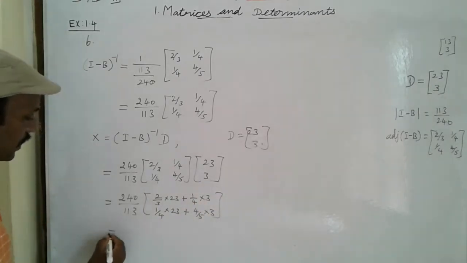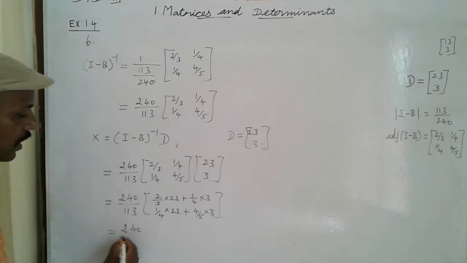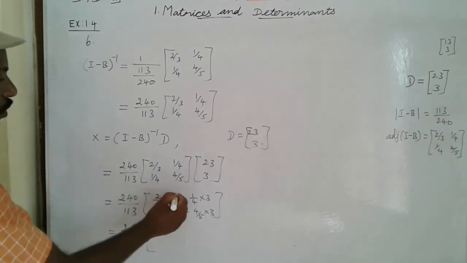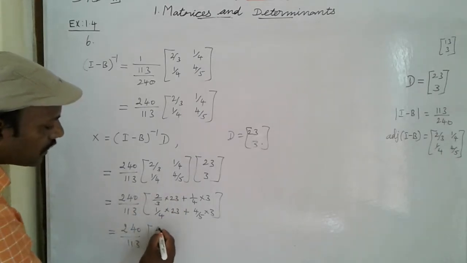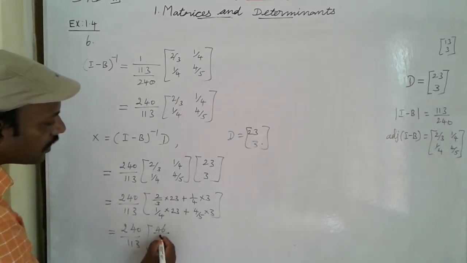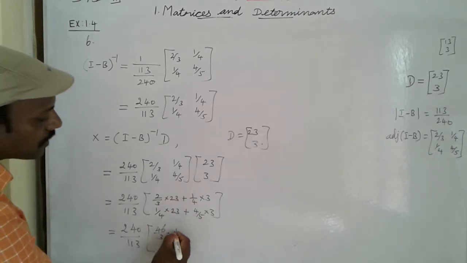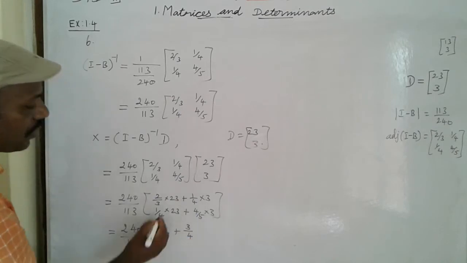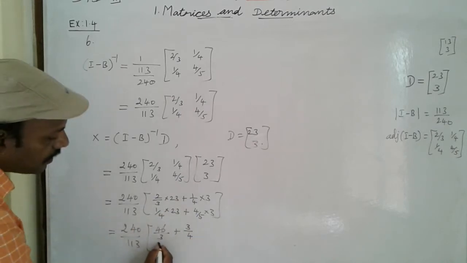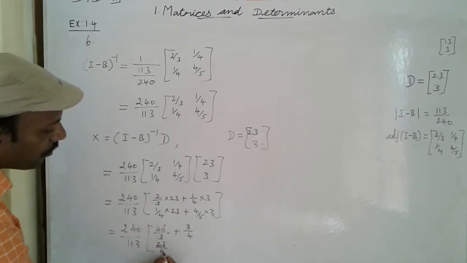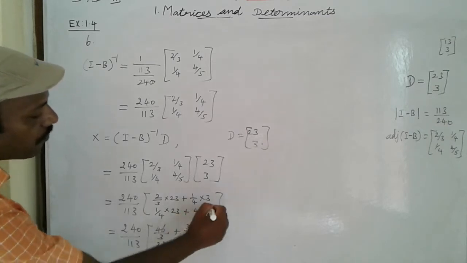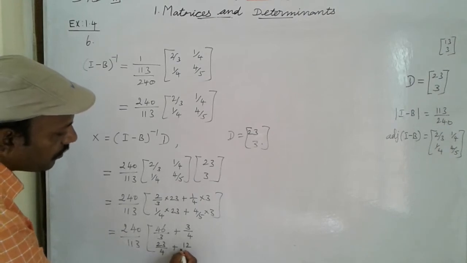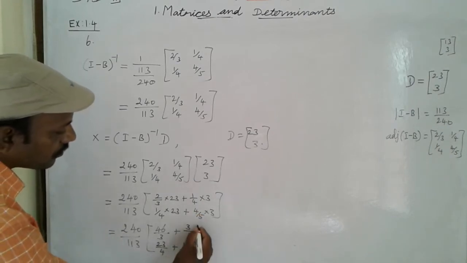So 2 into 23 is 46 divided by 3, plus 3 divided by 4. Next, 23 divided by 4 plus 4 threes are 12, 12 divided by 5.